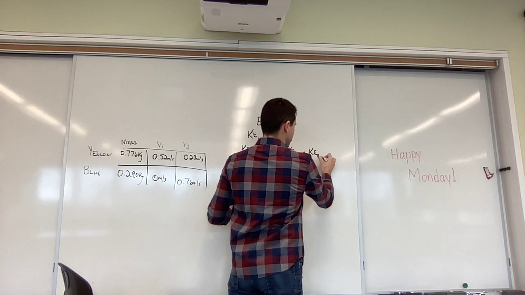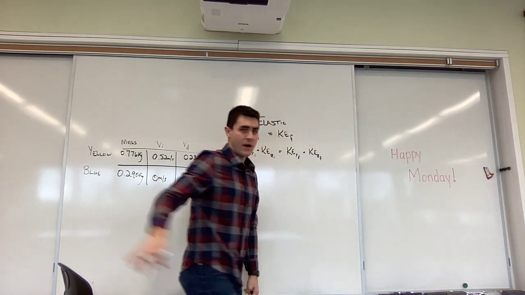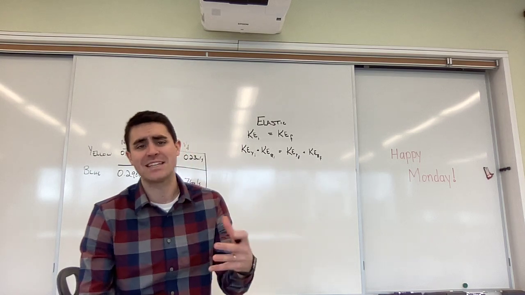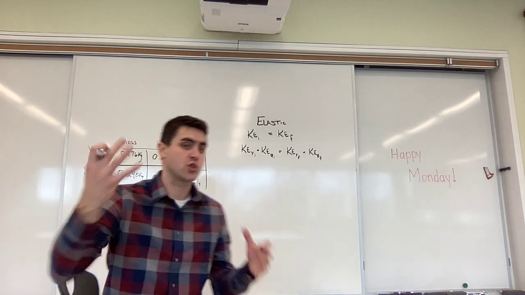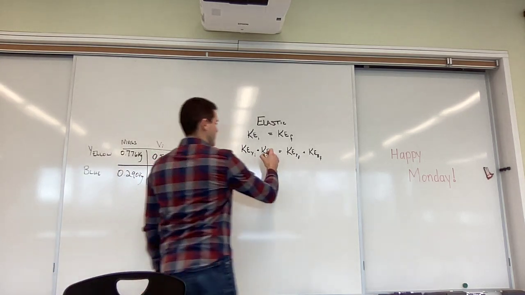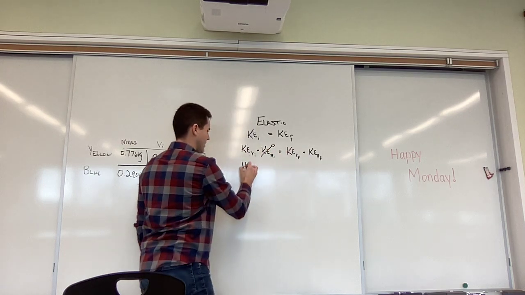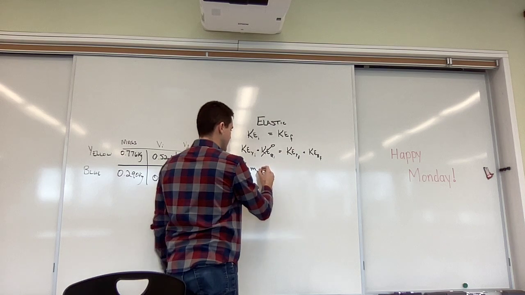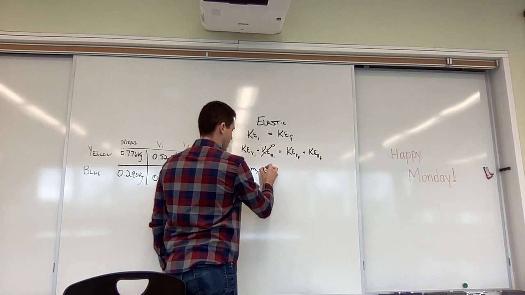Kinetic energy does not have a direction, so I'm not too concerned about the direction these carts are moving in, just the magnitude of their speed squared. And if I think about the equation, well, this wasn't moving to begin with, so that's not there. But it would be 1/2 the mass of the yellow cart times the initial speed of the yellow cart squared.